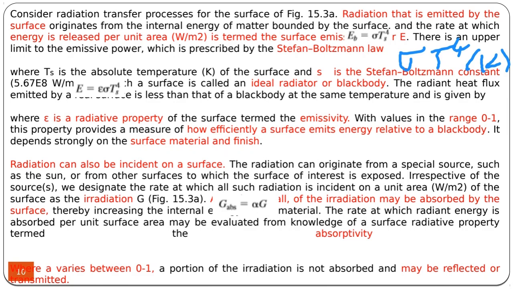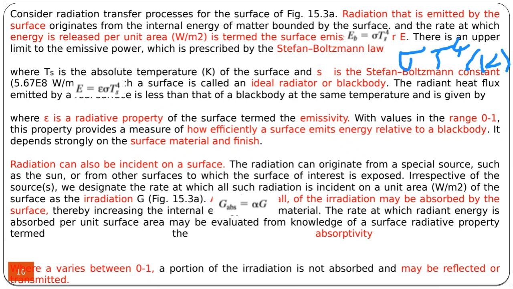For instance, the surface of the sun is about 6,000 kelvins. So 6,000 kelvins to the fourth power times the Stefan-Boltzmann constant will give you the emissive power of the sun. But if you compare the sun and the world, Earth is very small with respect to the sun. As volume, there can be 1.3 million Earths inside the sun. So Earth is this big, the sun is this big, Earth is very small.